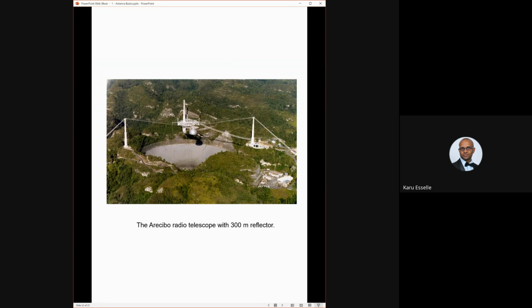This is the Arecibo radio telescope. It's actually dug in the ground. It's a parabolic dish in the ground with sub reflectors and the collectors here, feeds, etc. I forget. It's in South America, I believe, and that's 300 meters in diameter.